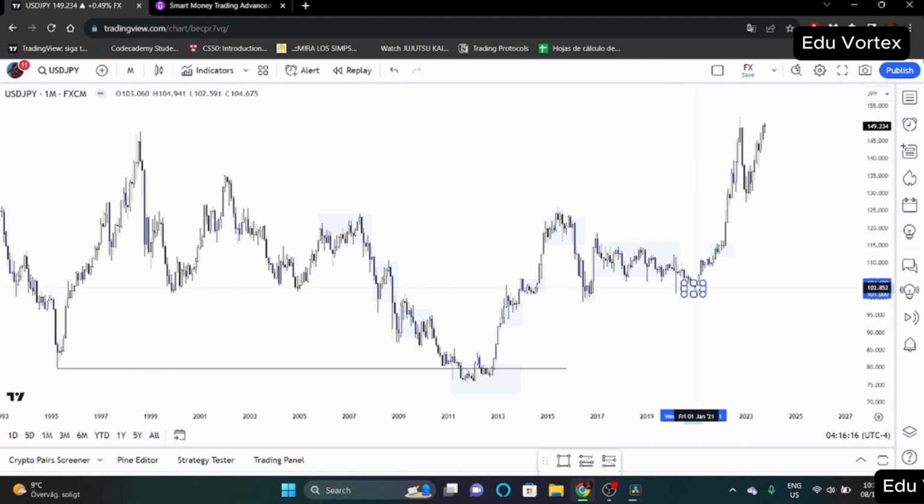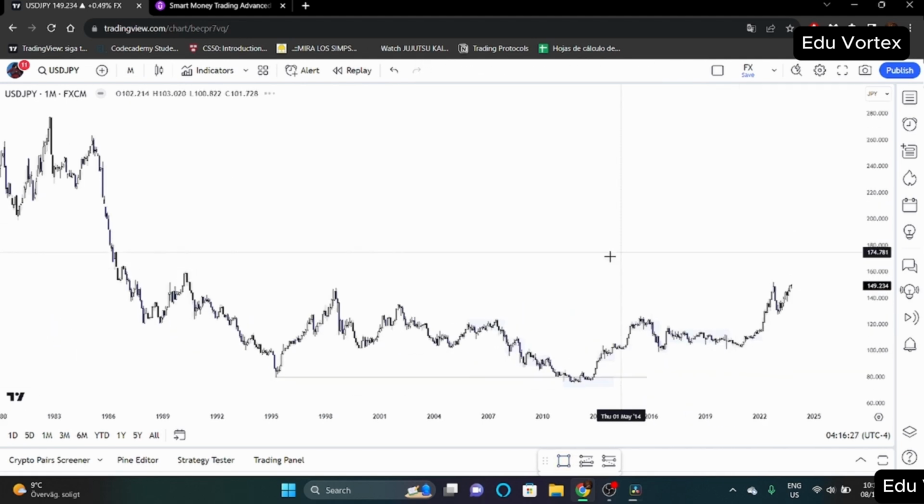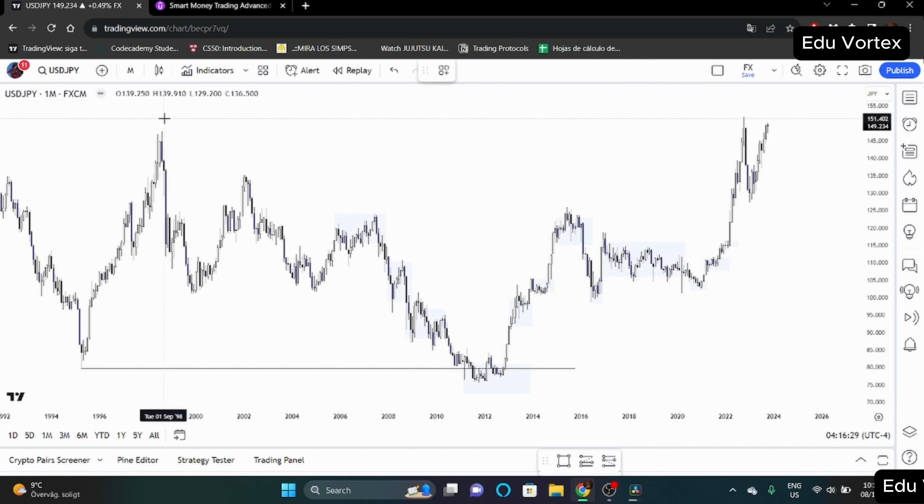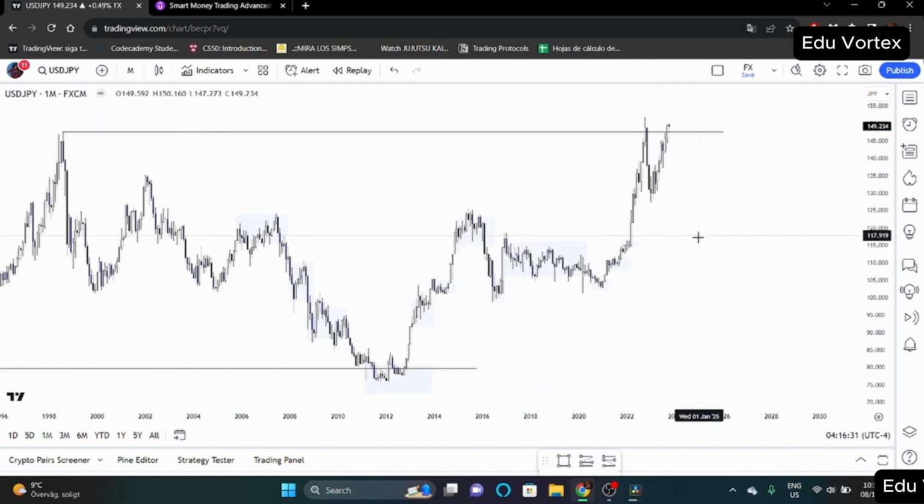So this will be the reversal. Below the range, accumulate. First accumulation actually right here, second right here, and after taking the liquidity over here, this is the reversal phase, in my opinion.